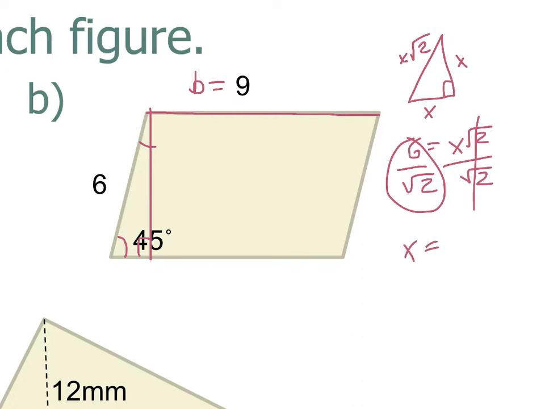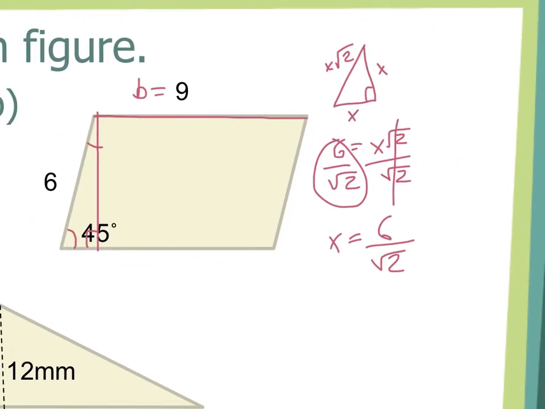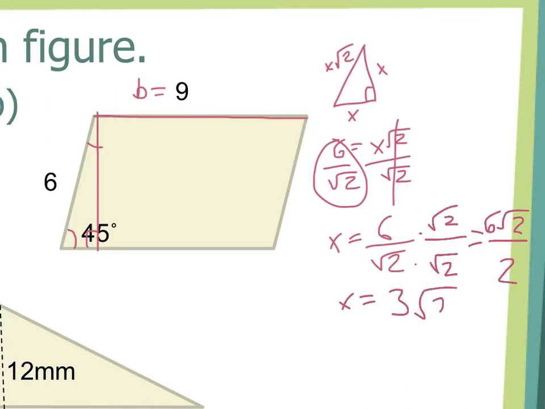So x is equal to 6 over square root 2, which we can rationalize so we don't have the square root on the bottom by multiplying by square root 2 over square root 2. The square root 2 times square root 2 just becomes a 2 on the bottom. And on top we have 6 square root 2, and the 6 and the 2 simplify to 3. So we have 3 square root 2 as our height.